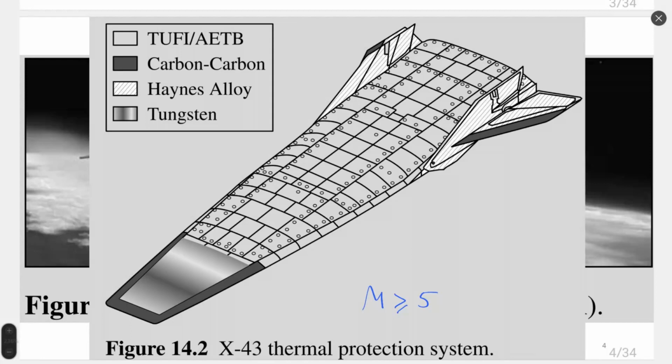What carbon-carbon is and how it is produced, you can see in other materials courses. For us, it's important that this composite material has quite significant thermal resistance.